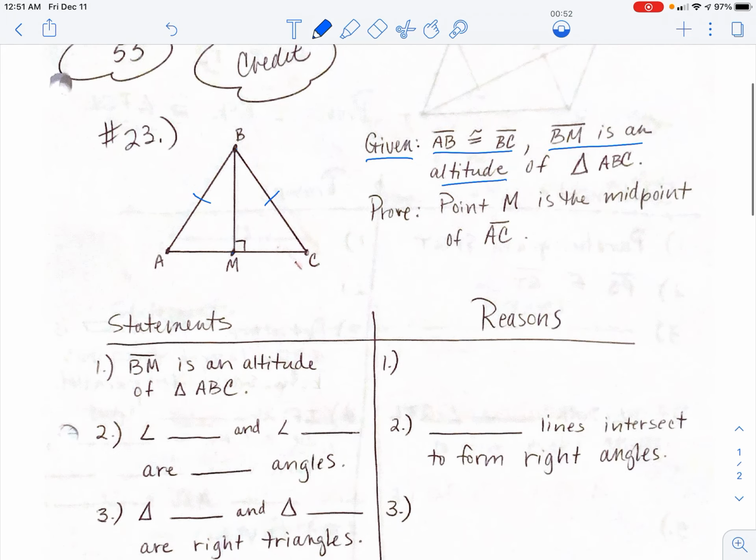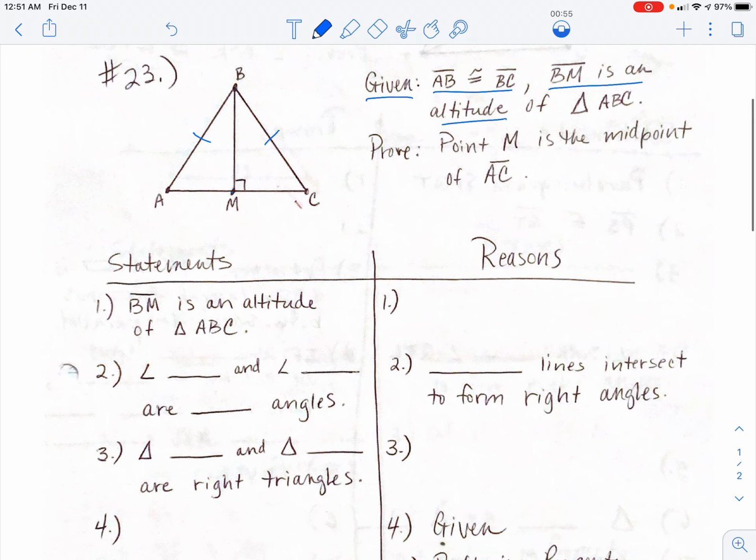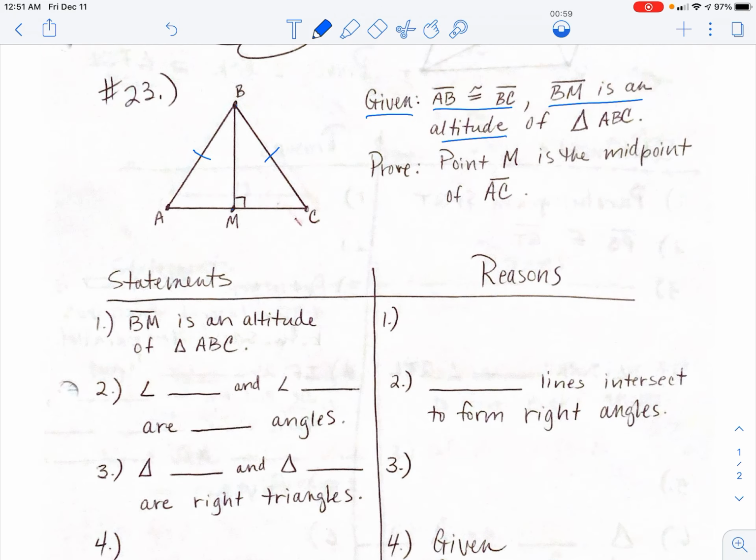Okay, so let's look here. The very first statement says that line segment BM is an altitude of ABC. So what does that mean to us? Well, remember, when you have an altitude that comes down from one of the vertices all the way down to the opposite side, it's creating a right angle here, actually on both sides, obviously, right? These are two right angles.